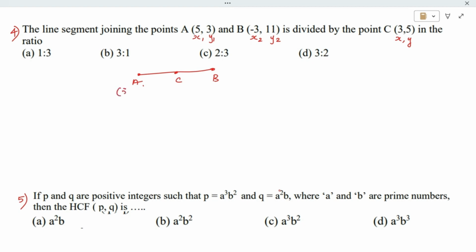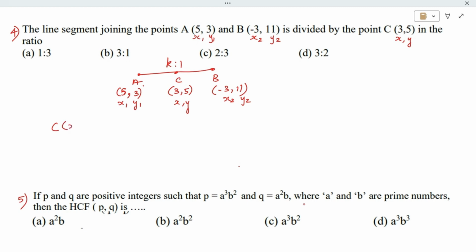So A is 5, comma 3 and B is minus 3, comma 11 and C is 3, comma 5. So I'm just plotting the coordinates x1 y1, x2 y2 and x comma y. In order to find the ratio, I am just making the ratio as k is to 1.